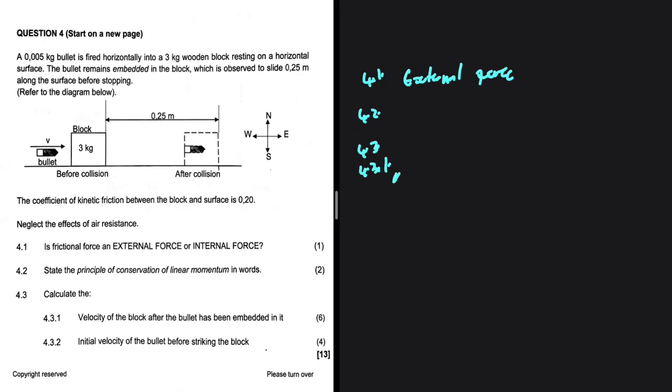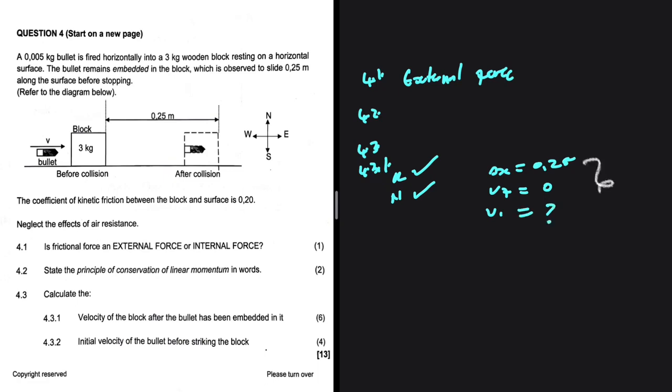So I have the coefficient of frictional force. I have the normal force, as I have the mass of the bullet and the block. What other information do I have? I have delta x, which is equal to 0.25, and I have VF, which is equal to 0. I don't have VI. VI is what I'm looking for.